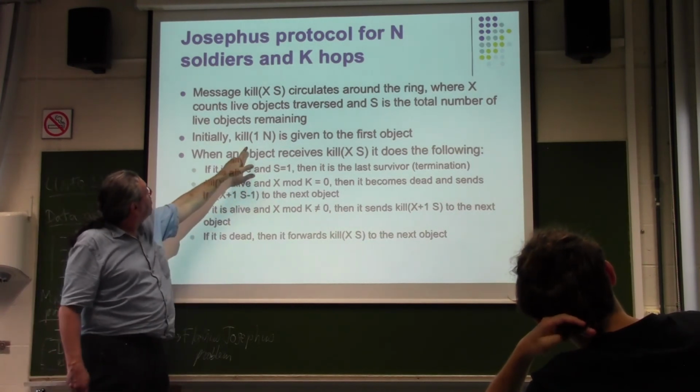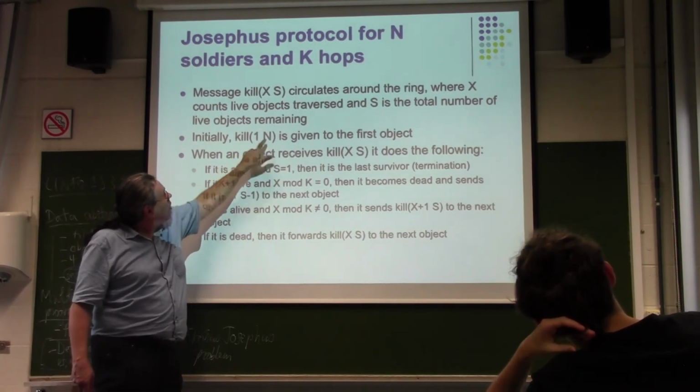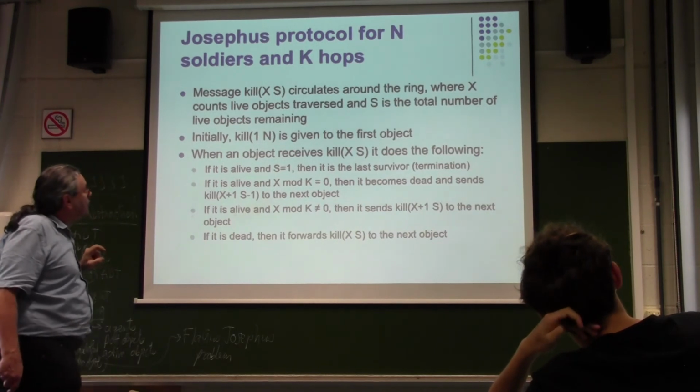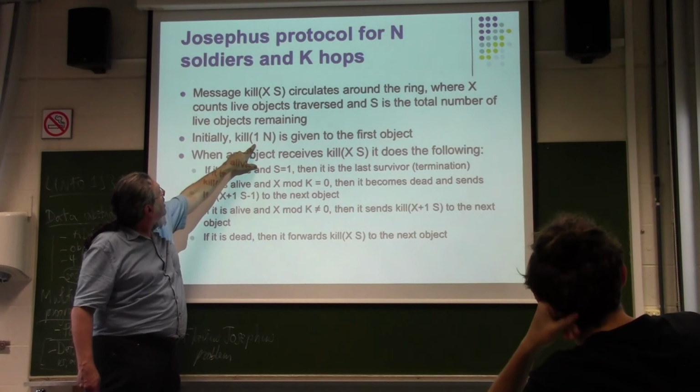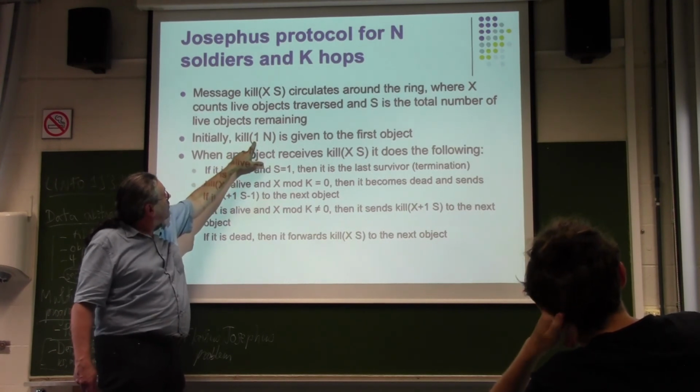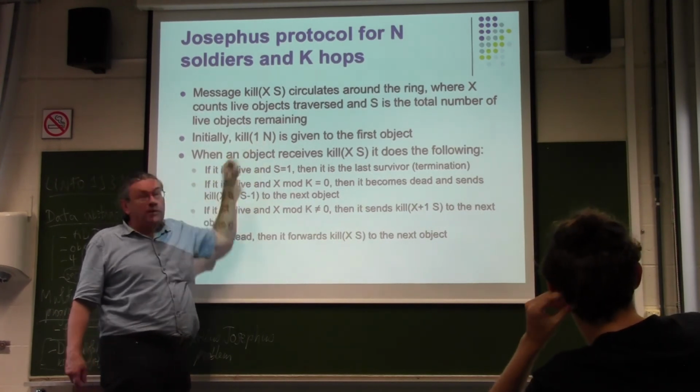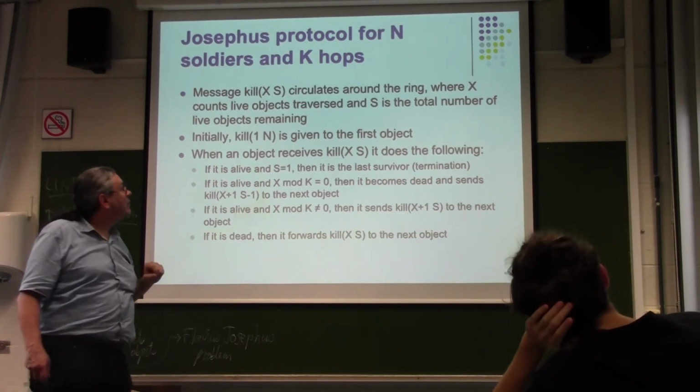So you start by passing kill(1, n) to the first object. So the first object that you traverse, 1, okay, and so you are on the first live object, and there are still n objects alive.